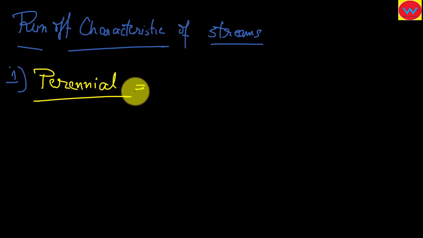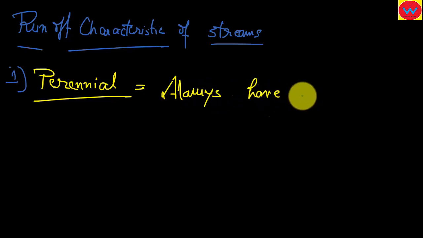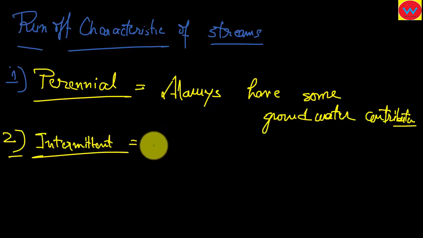So if there is no flow from the river's upstream, then there is groundwater flow contributing to that stream. So a perennial river always carries some water, it always has some flow, and there is always some groundwater contribution.